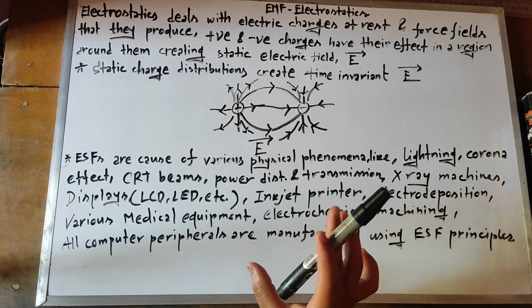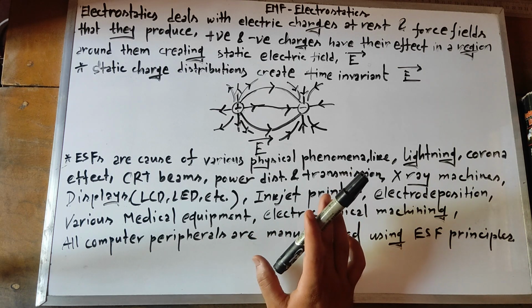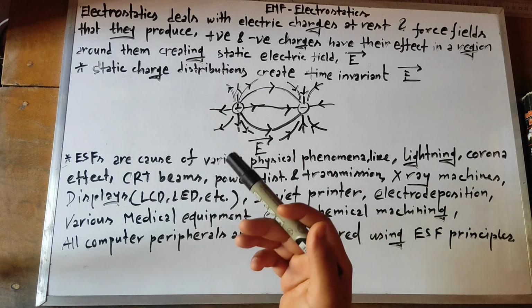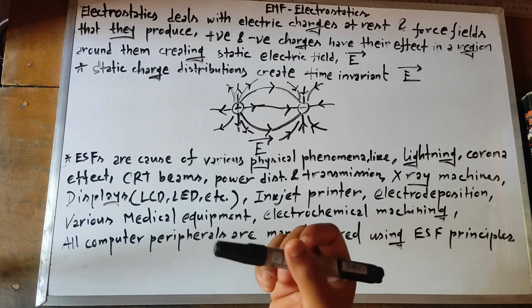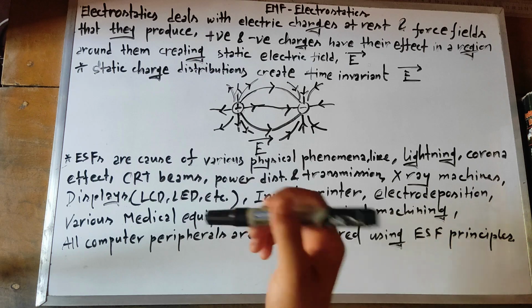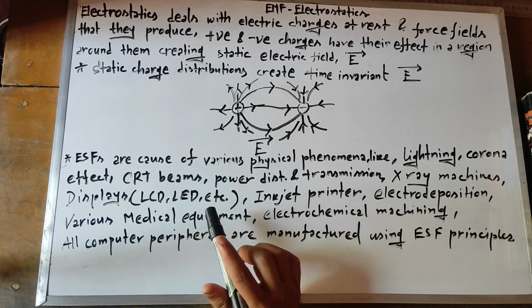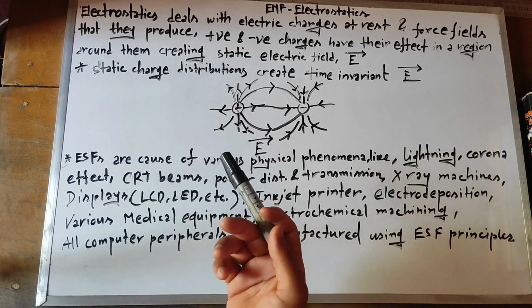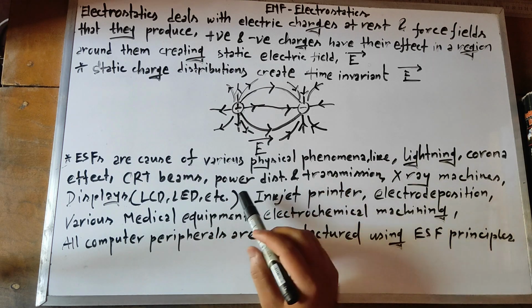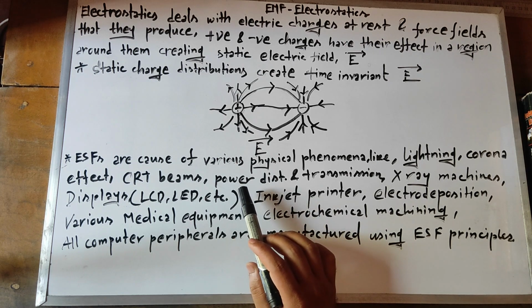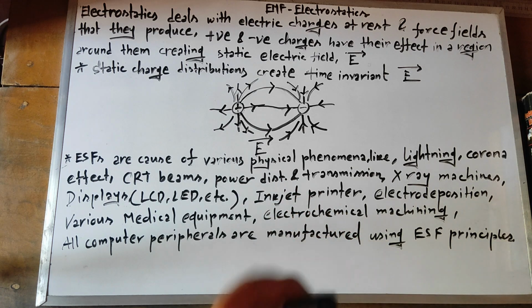The static images formed on the screen are formed by static electric charges shot from the tube. So the CRT beams are caused by electrostatic field charges.